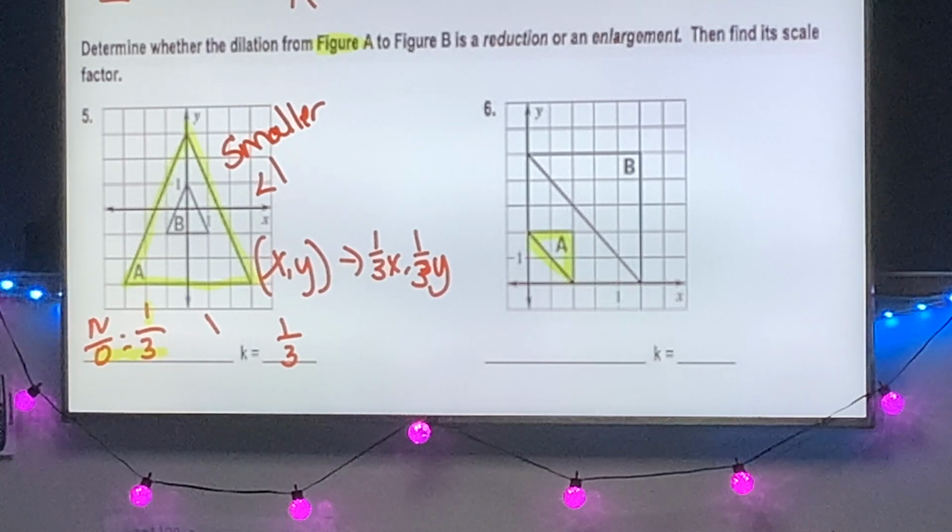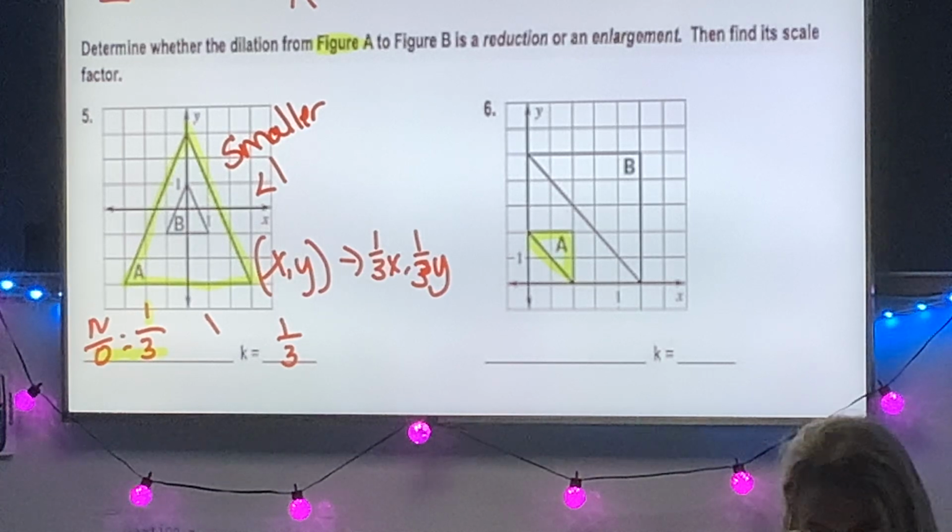Okay, number 6. Is it getting larger or smaller? Okay, larger.